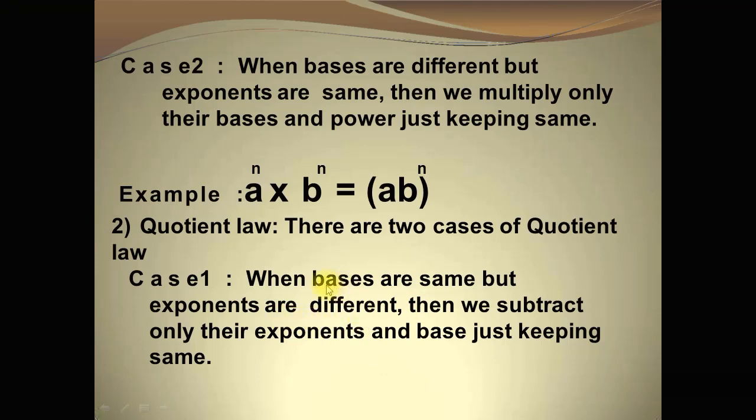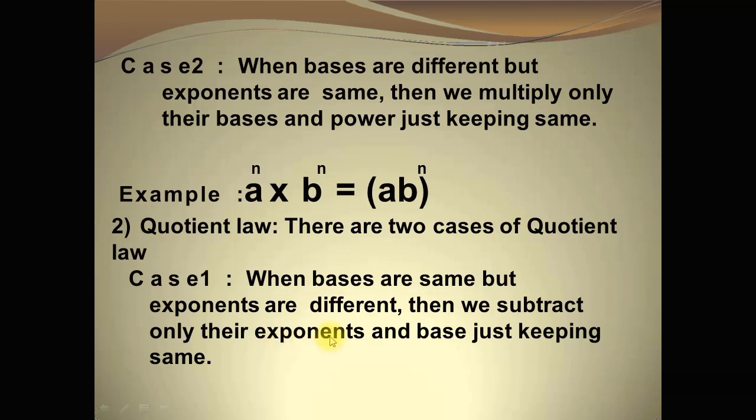Like in the product law, when bases are the same and exponents are different, we add the exponents. Similarly, in the quotient law, when bases are the same but exponents are different, then we subtract their exponents.